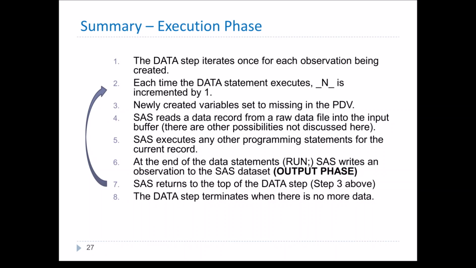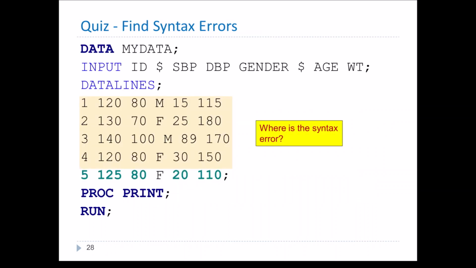Now then step 3, 4, 5, and 6, it's going to read that data, put it into the program data vector, and so forth. And then at 7, it returns to the top to item 2 and begins reading the next line in the data set. And it continues on until there are no more lines of data, and then it terminates.